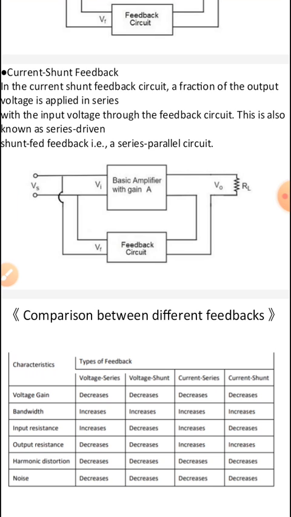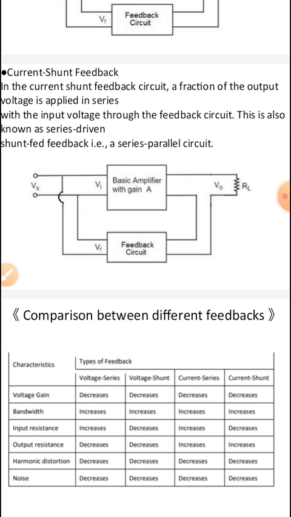In current shunt feedback, at the output side it is in series with the feedback circuit, and at the input side it is in parallel with the feedback circuit, so it is called current shunt feedback. Another name for current shunt feedback is series driven shunt fed feedback, that is, a series to parallel circuit.